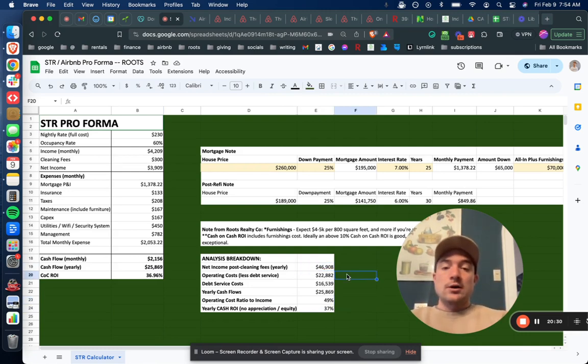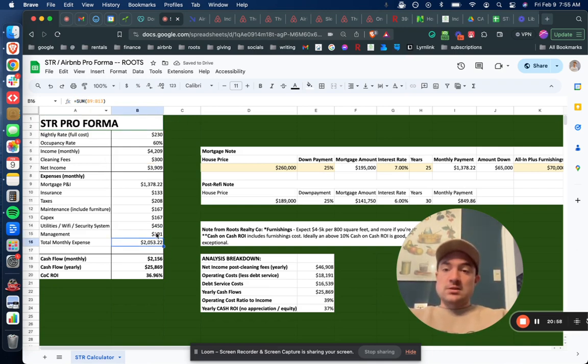So usually what we're looking for is an operating cost ratio. So that means operating costs less your debt service, so not including your mortgage. So things like taxes, insurance, maintenance, management of about 40%. This is actually 49%, likely because I'm using a manager at 20%. That's doing, mind you, all of the work. So you're literally not doing anything and still making that.